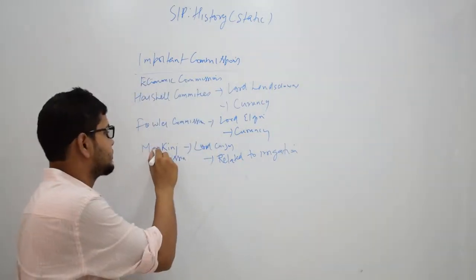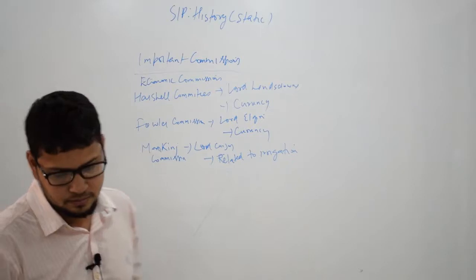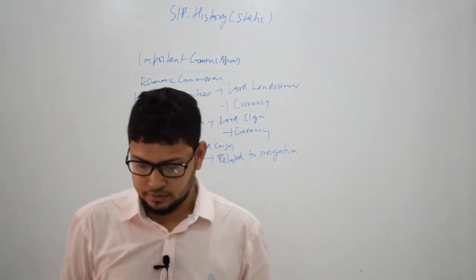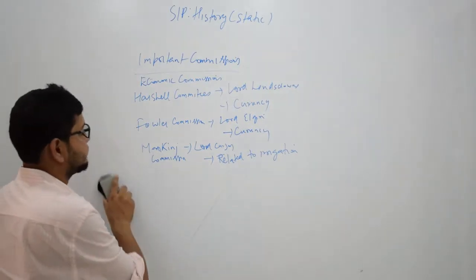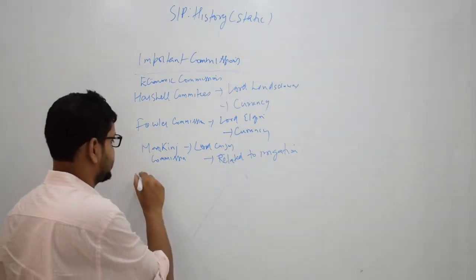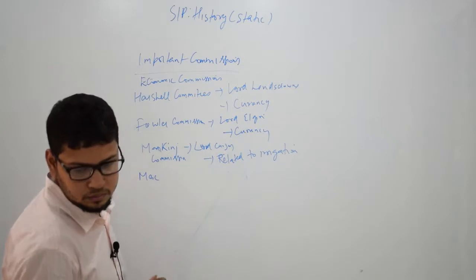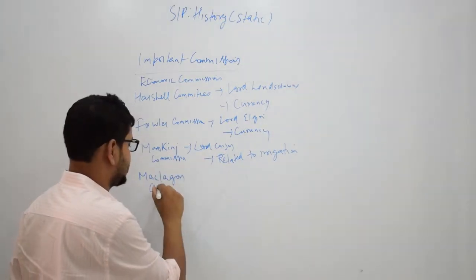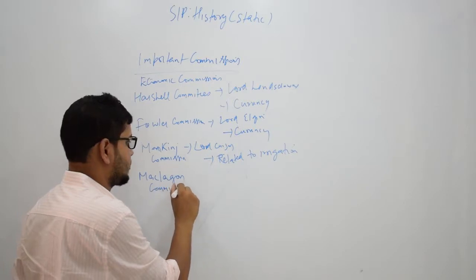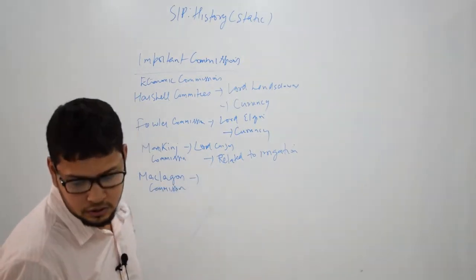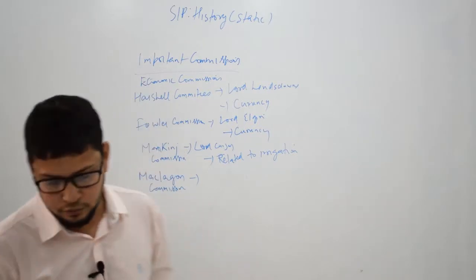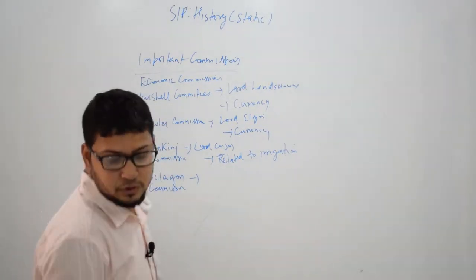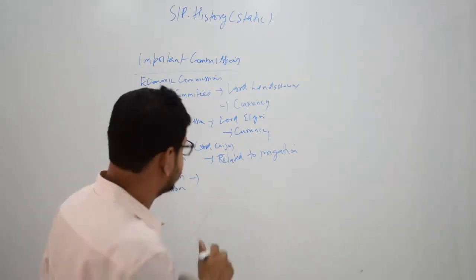Next we have McLagan Commission. Here the focus is to advise on cooperative finances, and it was established under Lord Hardinge.